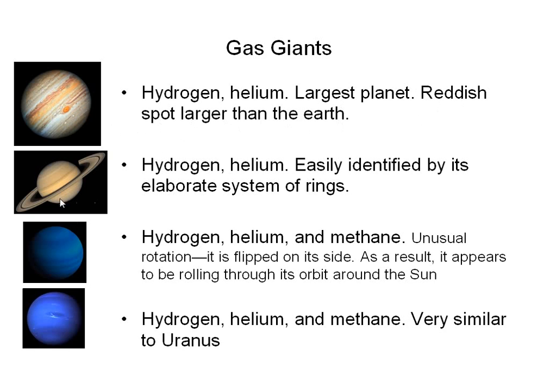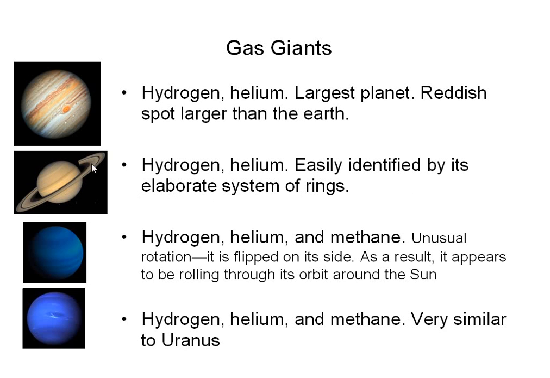And then the next one is Saturn, right? This is Saturn. Okay, the most remarkable characteristic of this planet is its ring. It is easily identified by its elaborate system of rings. Okay, so you can clearly see the rings.